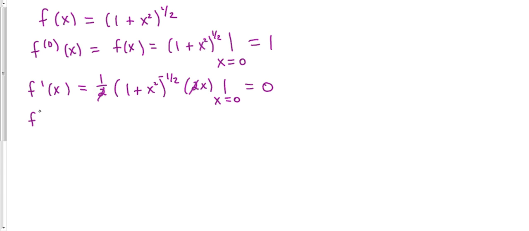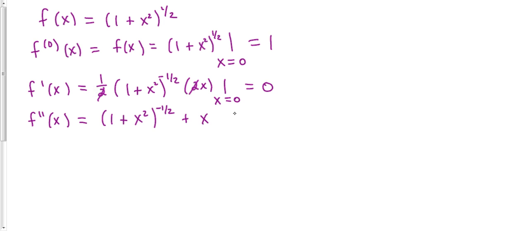All right, so we need to take our second derivative now, and we're going to have to use the product rule. I'm going to take the first term and leave it alone and multiply it by the derivative of the second term. And the derivative of that x is just going to be equal to 1.